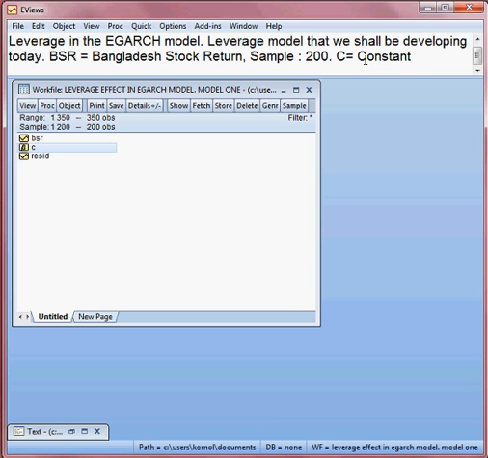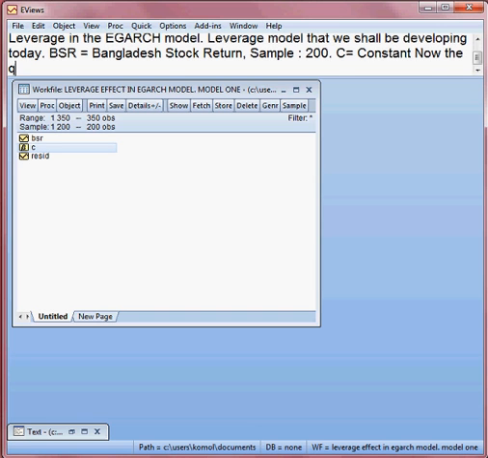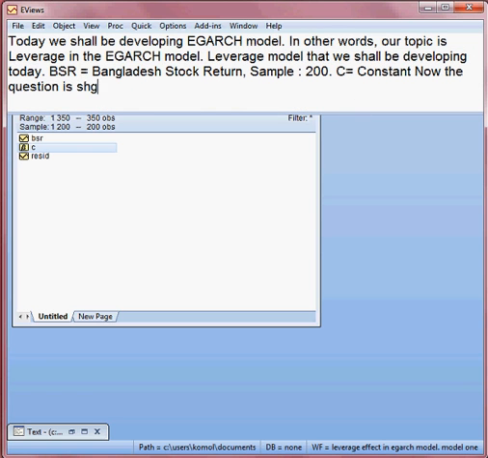Now the question is, should we run the GARCH model or the EGARCH model? That is the question.